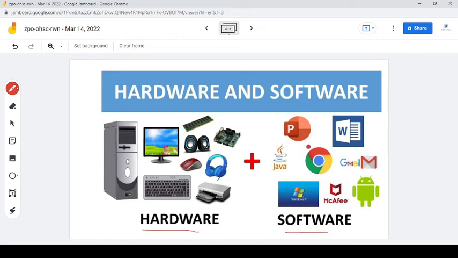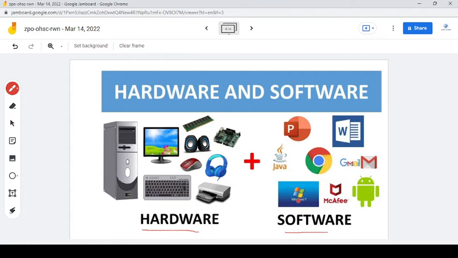This program is basically used for carrying out presentations for any purpose. Then the other applications here are Microsoft Word, Gmail, which is the mailing system, Google Chrome, which is a browser that can be used on a computer for surfing the internet. Java, again, is a language program which we are going to be looking into in future classes.